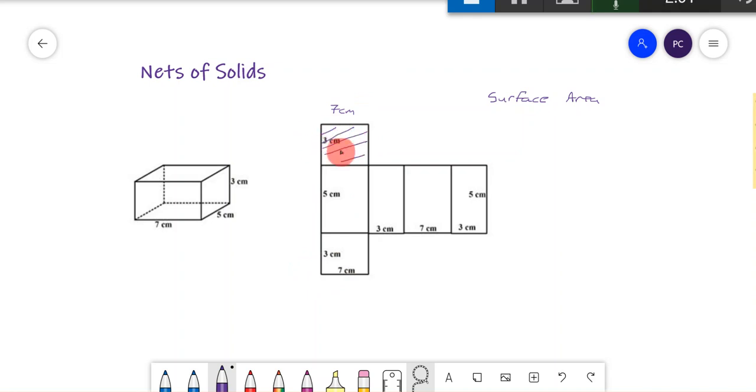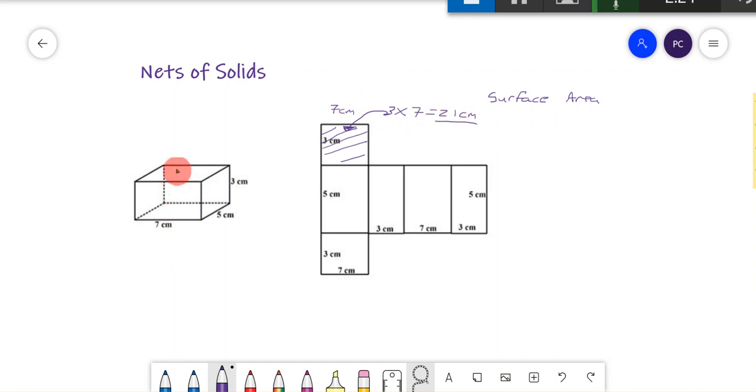So the area inside here is going to be 3 multiplied by 7, which is equal to 21 centimeters. So this piece here has a surface area of 21 centimeters.